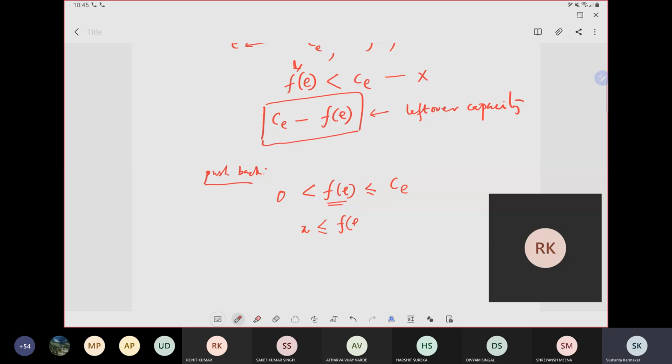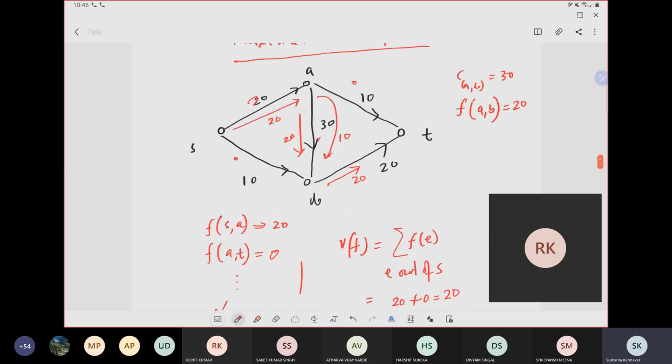To be more comfortable with the example, here it is carrying a quantity of 20, so I can push back anything between 0 and 20. I can push back 10, 15, 16, anything between 0 and 20. So what does pushback mean?